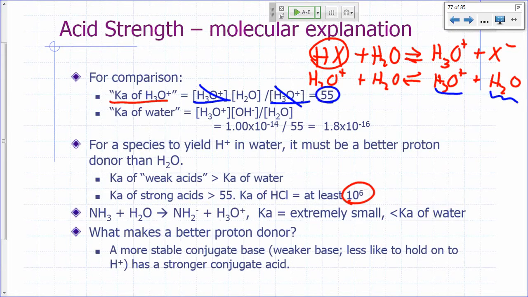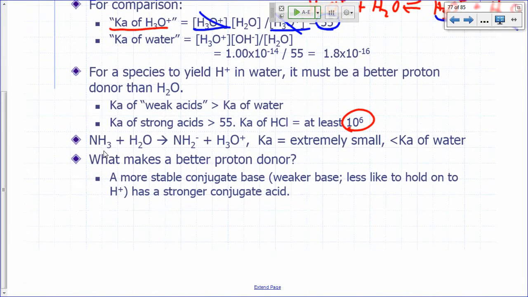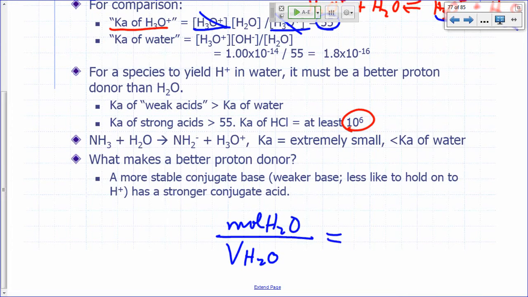And that's 55. Where did I get that number? Concentration of water: moles of water over volume of the solution, which is just going to be the volume of water, right? If I have a mole of water, how much volume does it occupy?